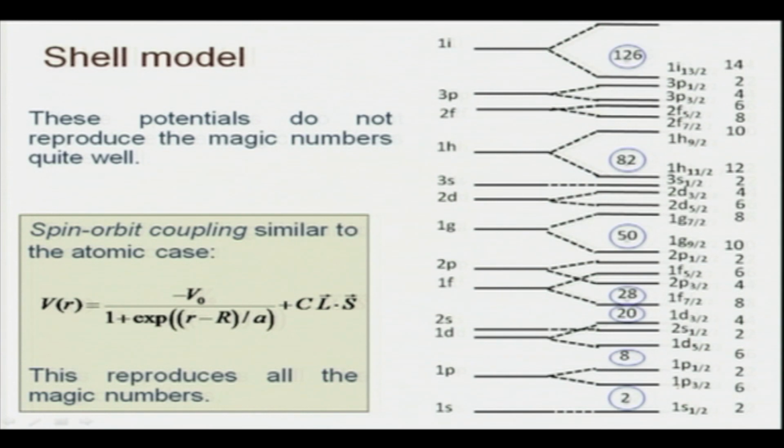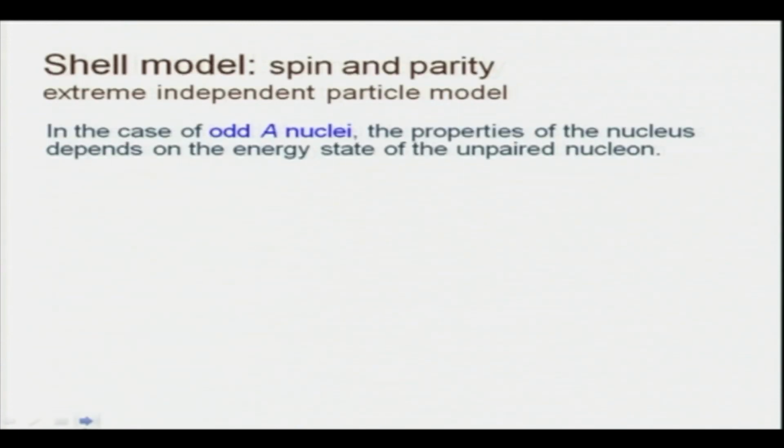Okay. All right. So, remarkably, without the spin orbit coupling, the spectrum does not really reproduce the magic numbers well. All right. So, that is one very good thing, and there are other things that the shell model very successfully explains.